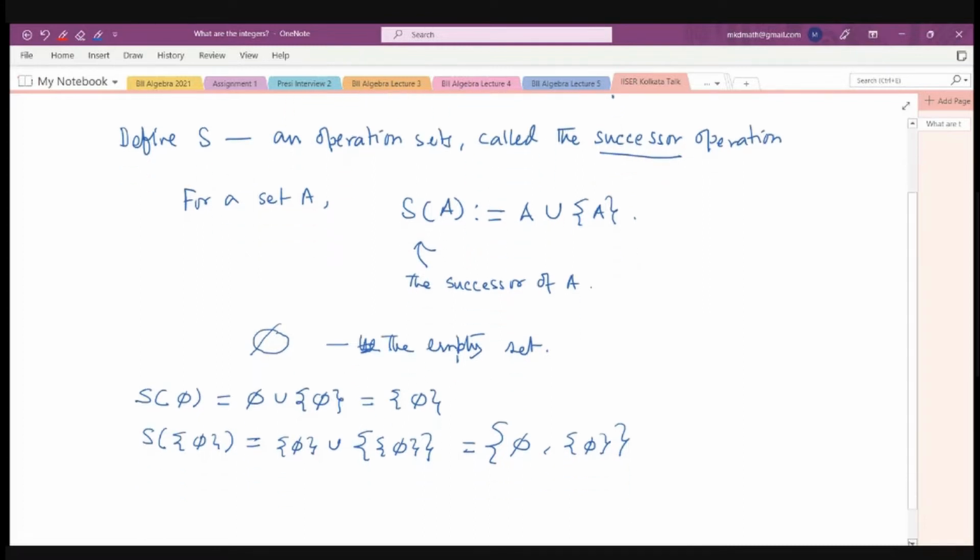So let me go one more step. S of this set. A lot of brackets will come. Sorry. Again, I have first the set itself union the set containing this set.